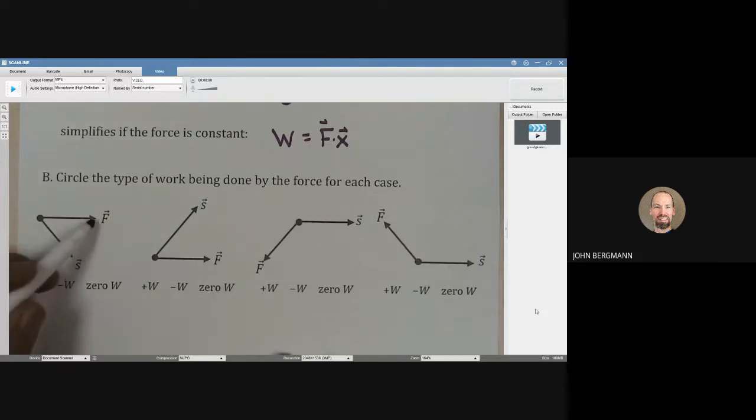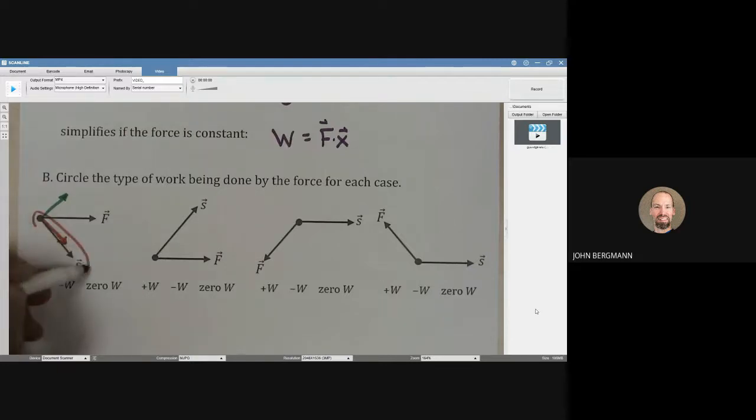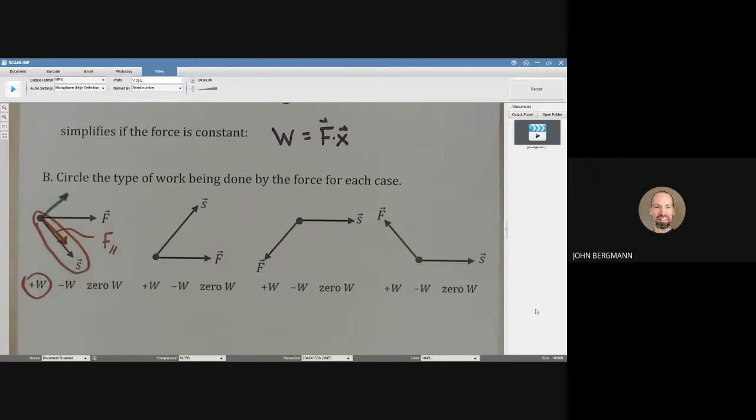So this component is parallel to the displacement, and the component of the force that is perpendicular would look like that. So that's going to be positive work because that force component, F parallel, is parallel. Those two vectors are pointing in the same direction.